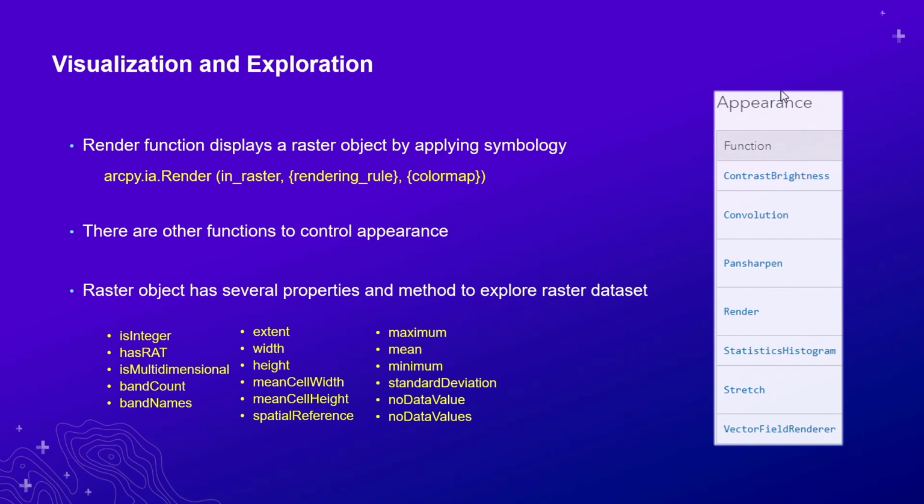If you want to know about the location of the raster, the resolution, and the area it's covering, you go and look for extent, width, height, or cell size, those kinds of properties. Then there is another set of properties, as I said, that will give you information about the values: maximum, mean, standard deviation, and so on and so forth.